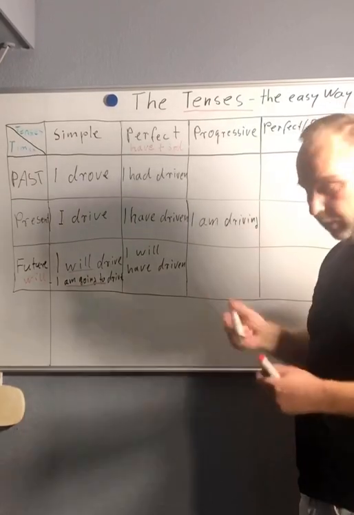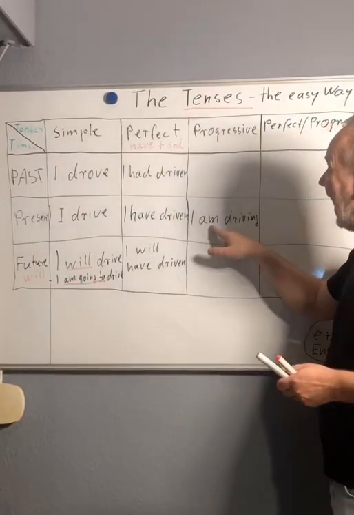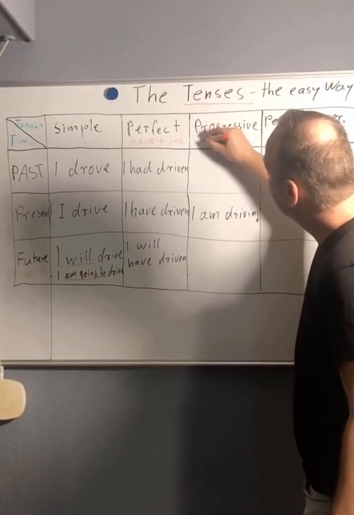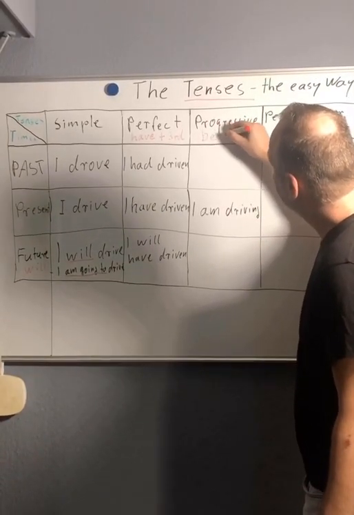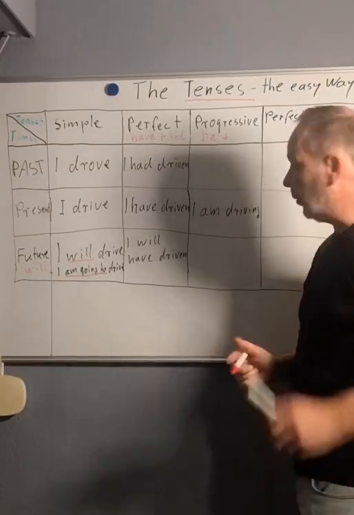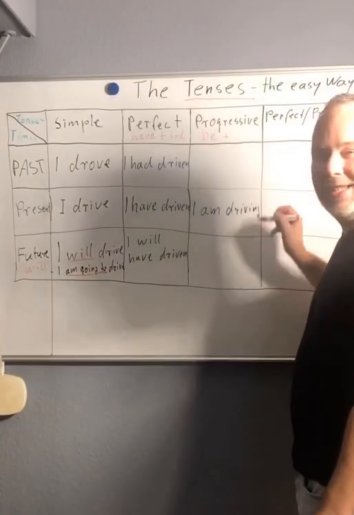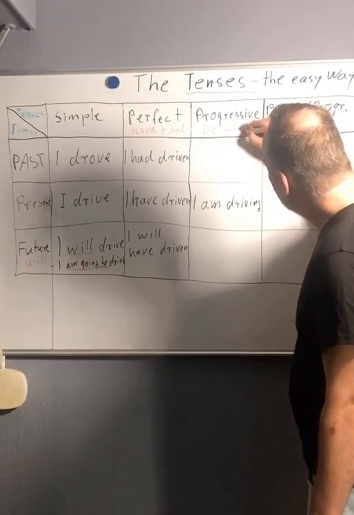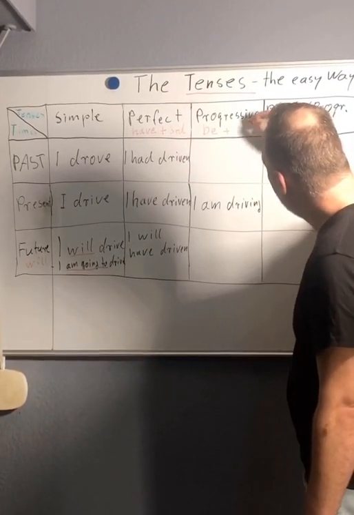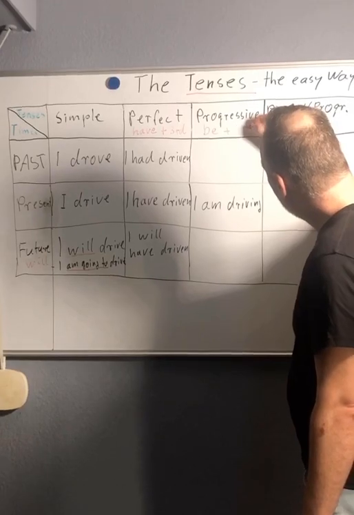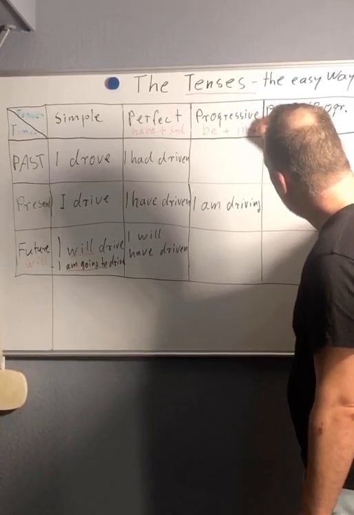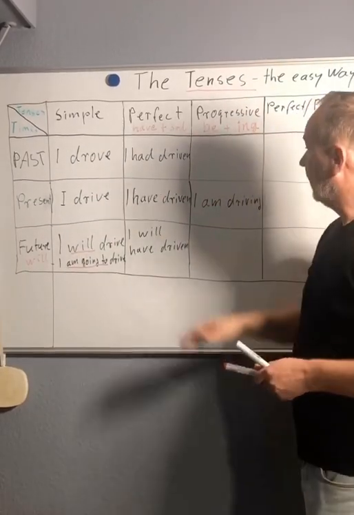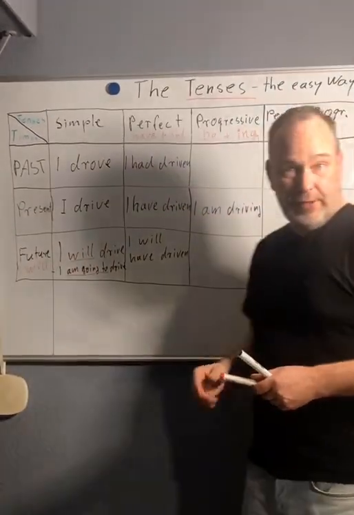In the past. Oh, first the rule, of course. As you can see, am is a form of the verb to be. That's the rule. The verb to be plus, of course, the ing. In the progressive, we always need the ing. Be plus ing. Easy to remember. In present, I am driving.